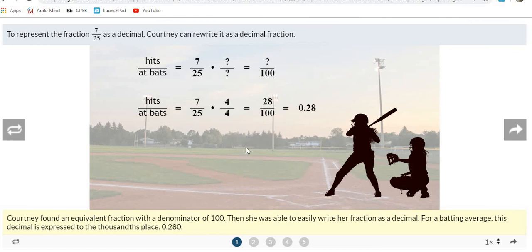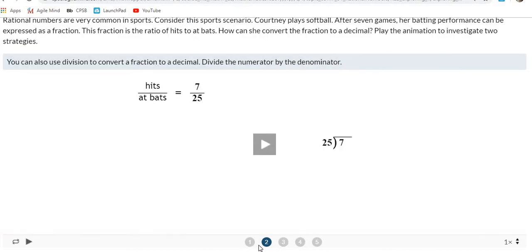If I didn't quickly know that, I could do some long division. So this is also going to be written for problem 5A. So find a spot to write down how you would find the decimal form using long division.